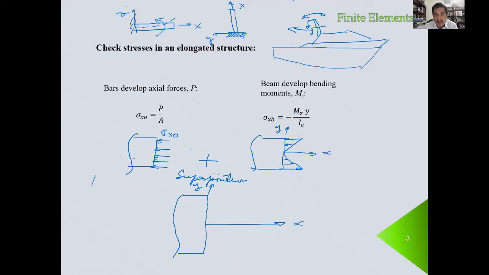On the other side, I have compression, but here I have tension. So as a result, we're going to have something like this. This is the mean. One side you add and the other side subtract. So this analysis that I'm developing here is for a beam. So we can do this in half an hour.